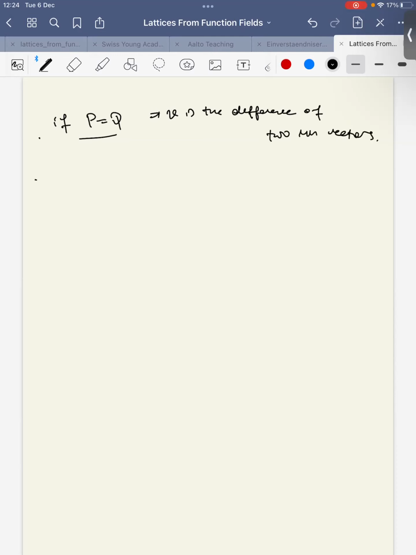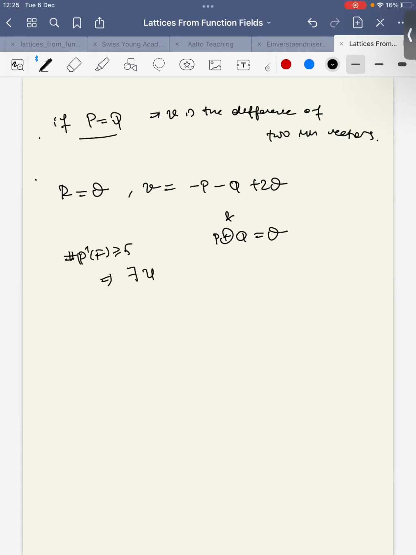And now suppose that R is the identity point. So V should be in the form of minus P minus Q plus O, and P plus Q is the identity. Again, since E contains at least 5 rational places, we can consider another rational place U, which is different from O, P, Q, and 2P.